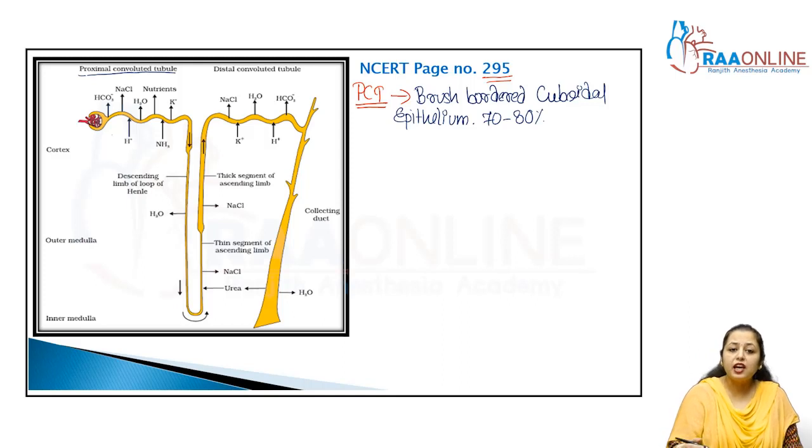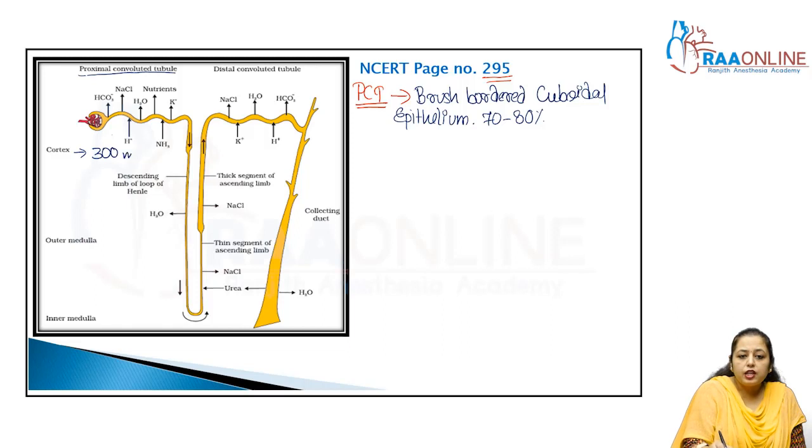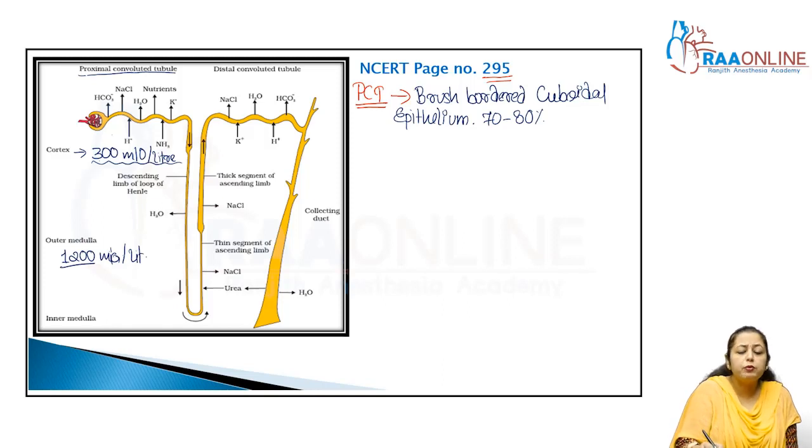So we have to maintain the osmolarity, because in the cortex region we have to maintain the osmolarity of 300 milliosmol per liter, and in the medulla 1200 milliosmol per liter, clear.